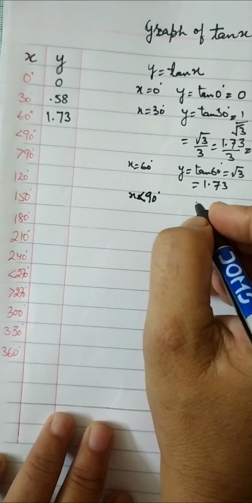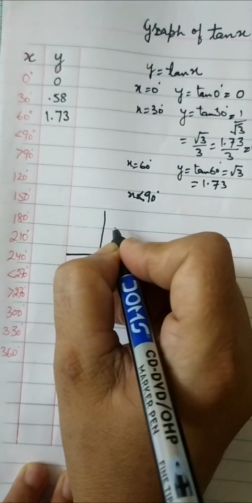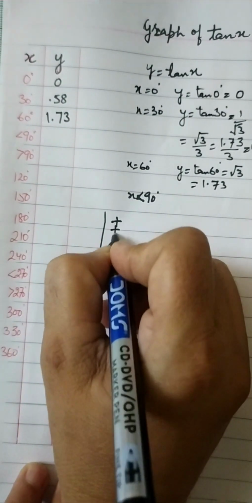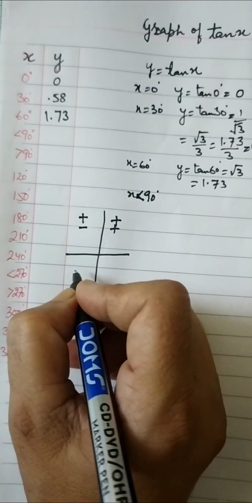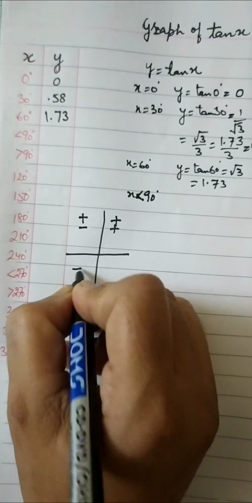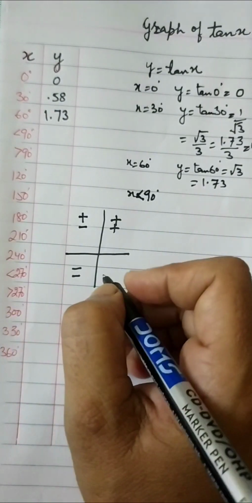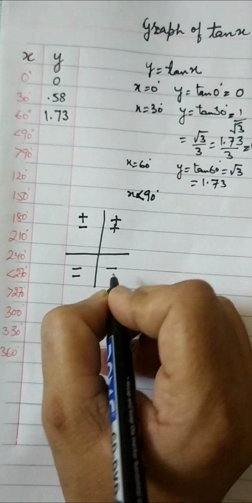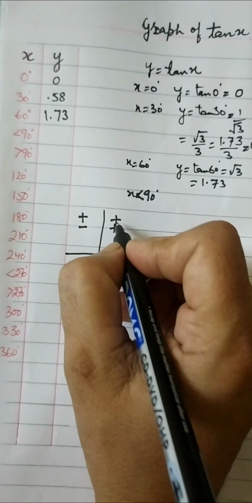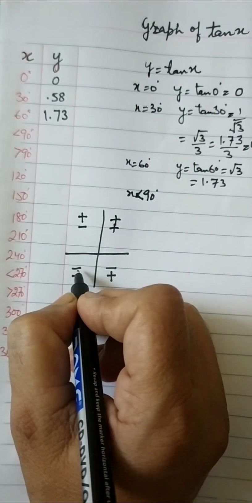positive infinity. Why? Because we know that in the first quadrant all are positive, in the second sine is positive, cos is negative, in the third quadrant sine and cos are both negative, in the fourth quadrant sine is negative, cos is positive. So here sine is positive, cos is negative.